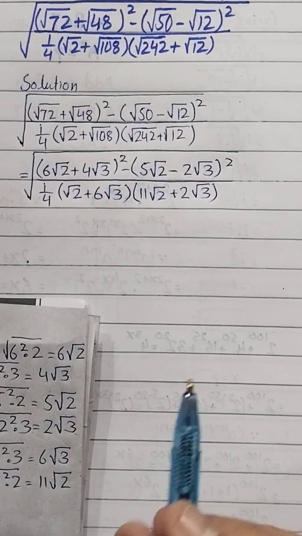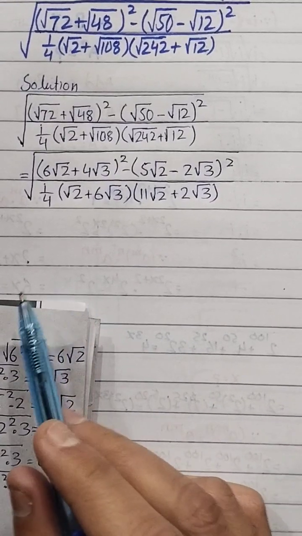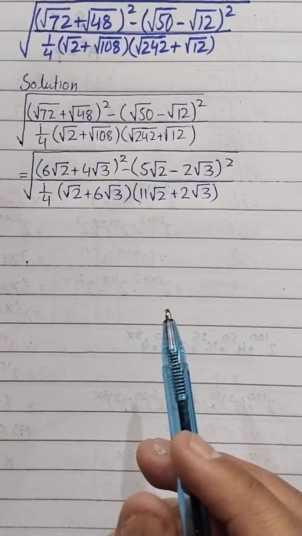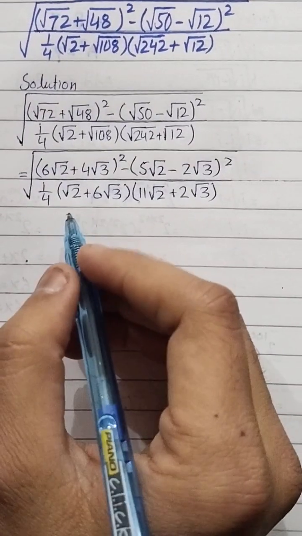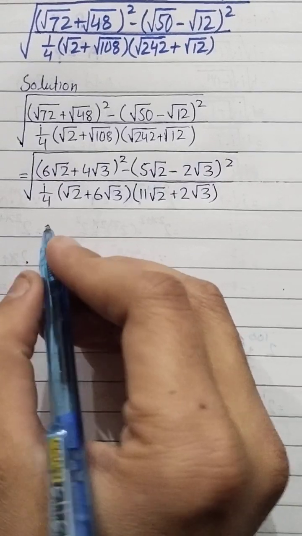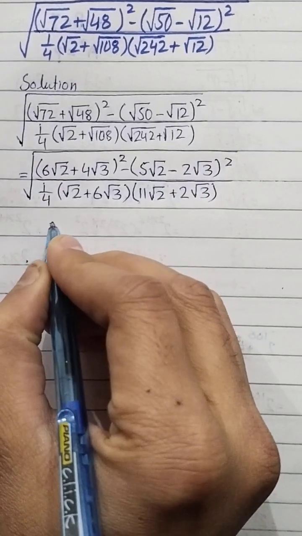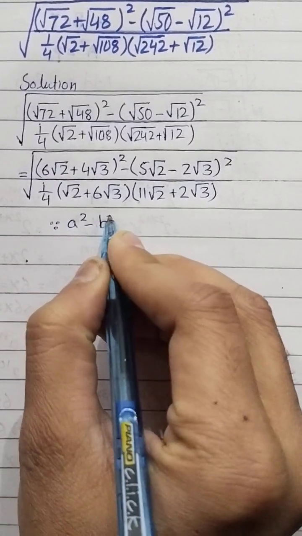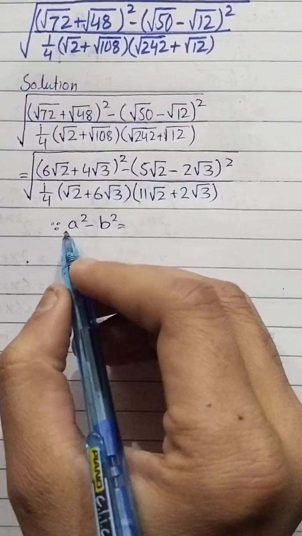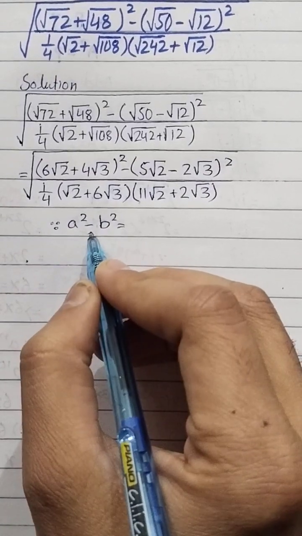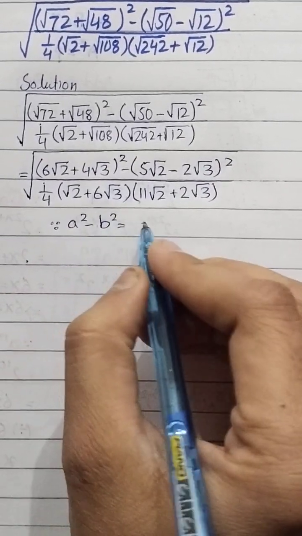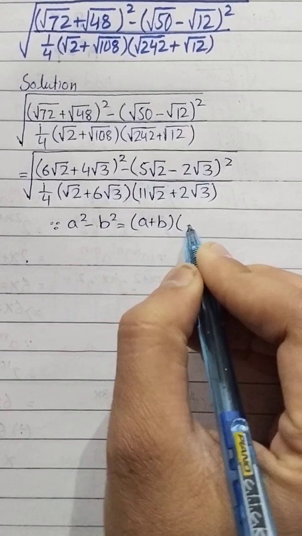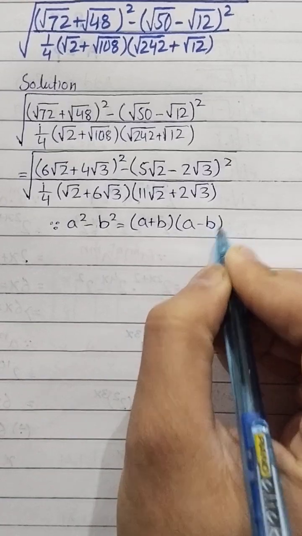Now again, pause the video and try to solve this question on your own. You know an algebraic formula: a square minus b square. This formula is called the difference of squares. It is equal to a plus b times a minus b, like this.